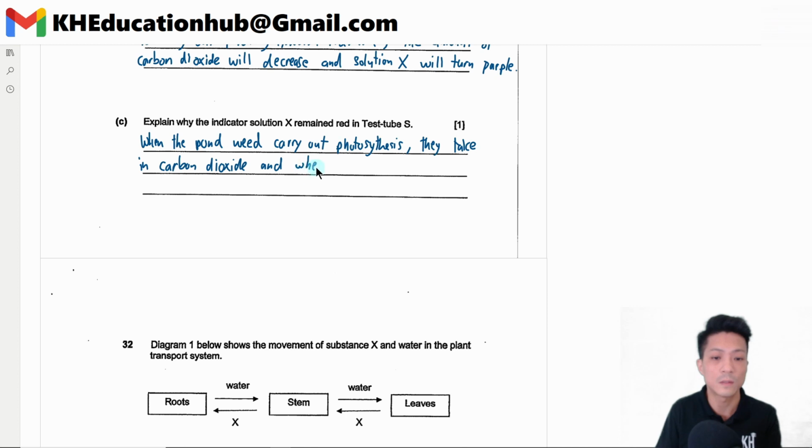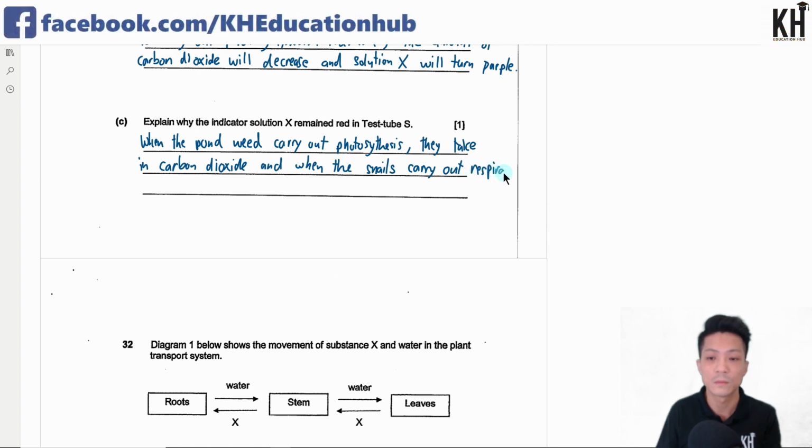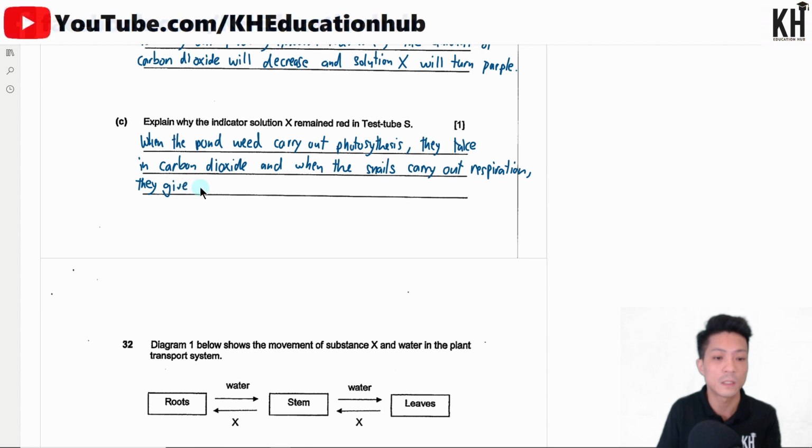And when the snails carry out respiration, they give out carbon dioxide.